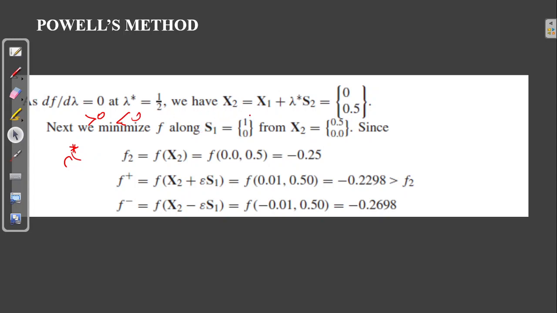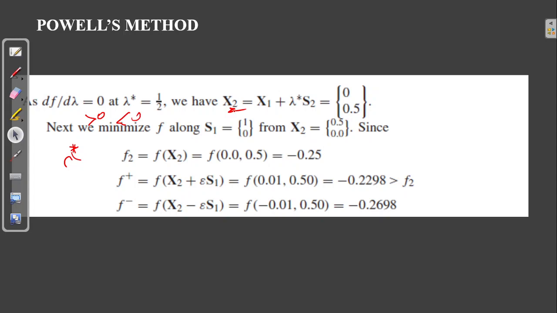Then we have x2, so lambda star will be equal to 1 by 2. So we got lambda optimum value 1 by 2, and also the S direction, and then from the univariate method we find out the x2 value. If you have any doubt, go back to the univariate method.